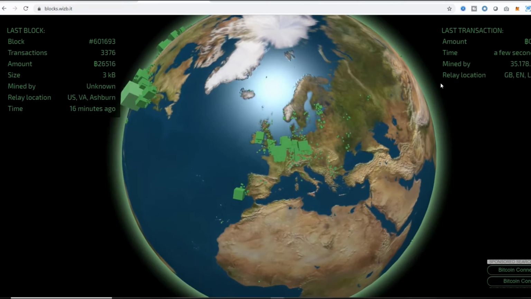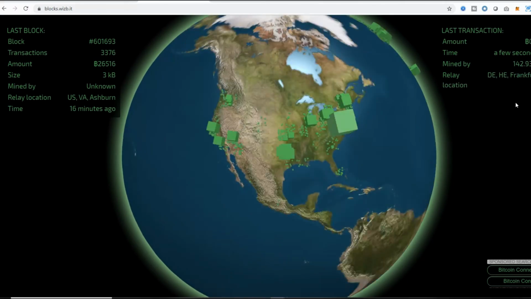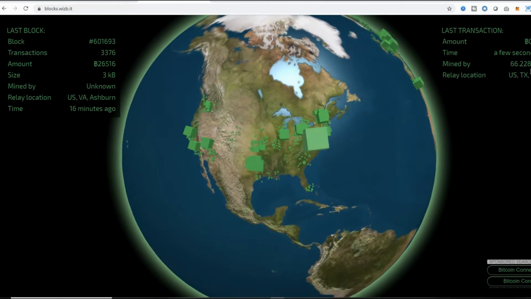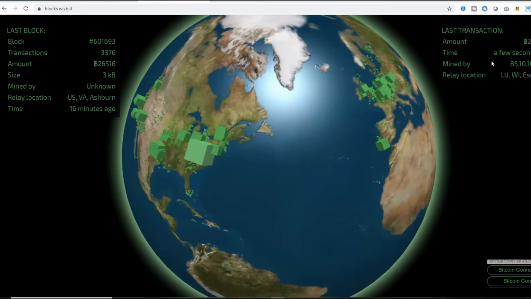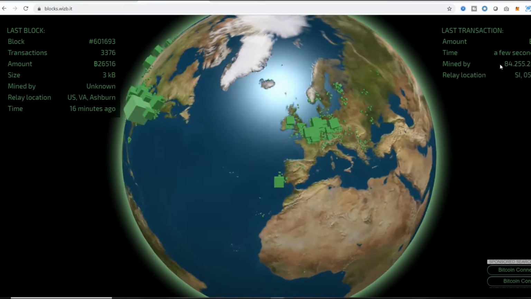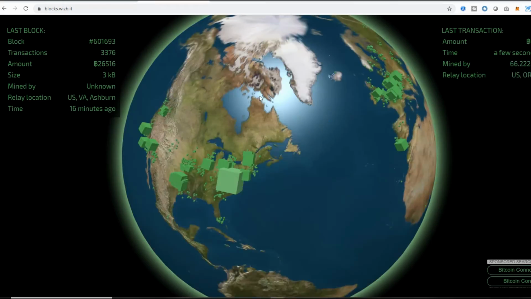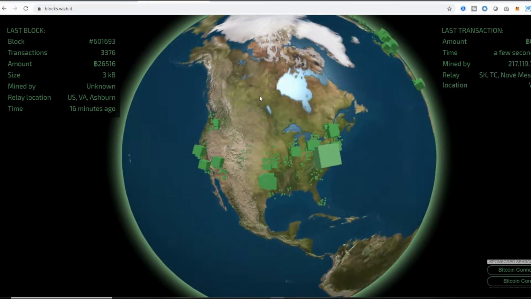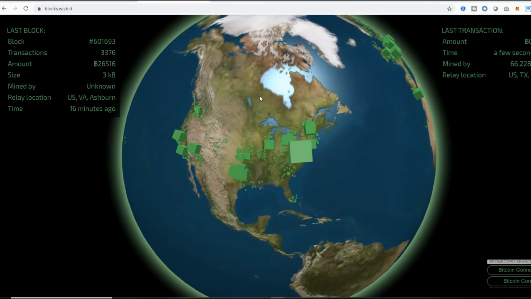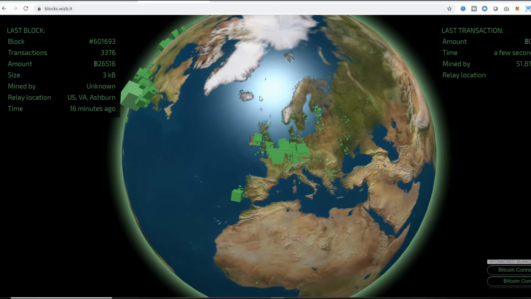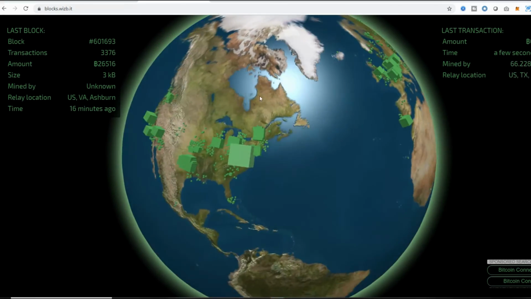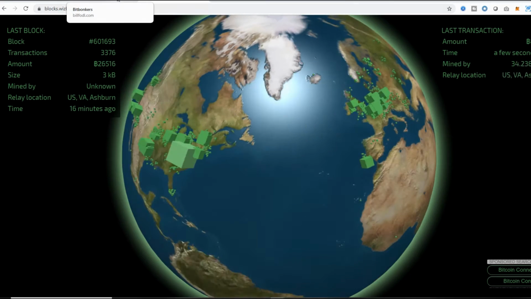You can see London, Honolulu, Dallas, Dublin. So you can see how many different places Bitcoin is being used all around the world, and it's happening in real time. As I mentioned, this is at blocks.wizb.it.